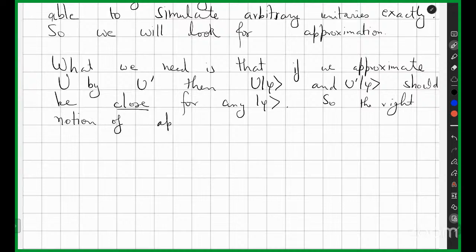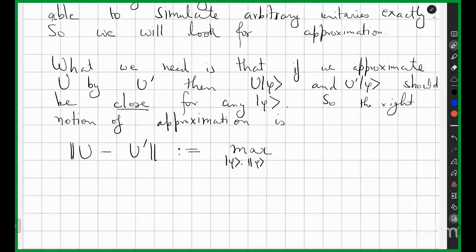So the approximation is U minus U prime. This is almost the definition. It is the maximum over all psi whose norm is 1 of the norm of (U minus U prime) psi.